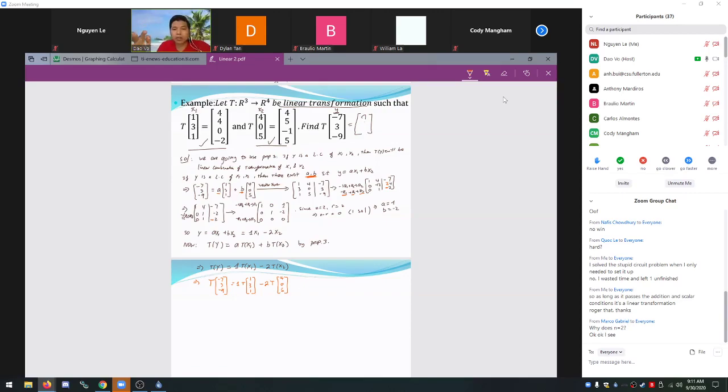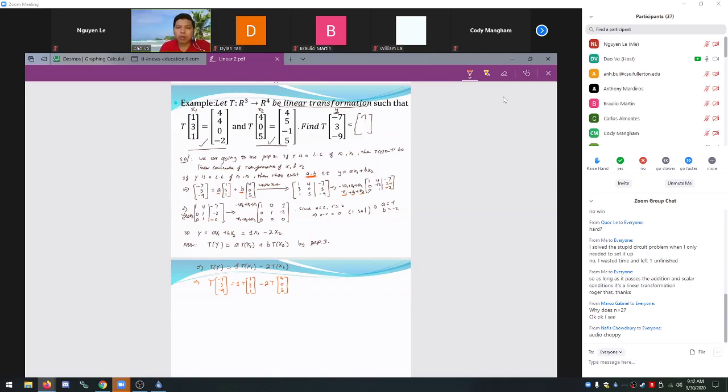And that's what we did. We found how to go from (-7, 3, -9) into (1, 3, 1) and (4, 0, 5), and we did the math and found that a equals 1 and b equals -2.